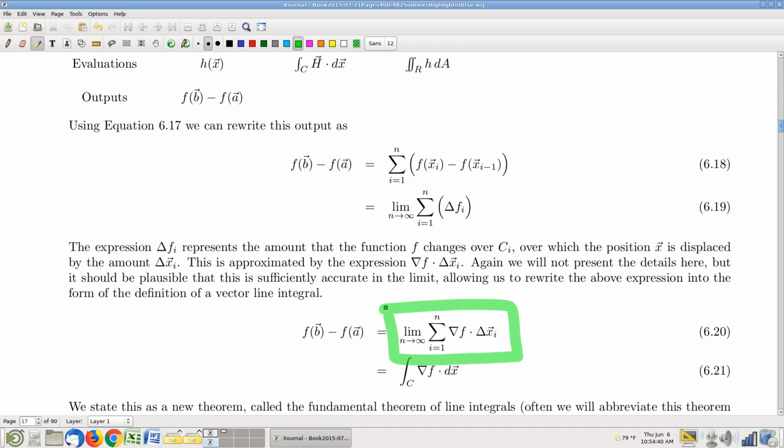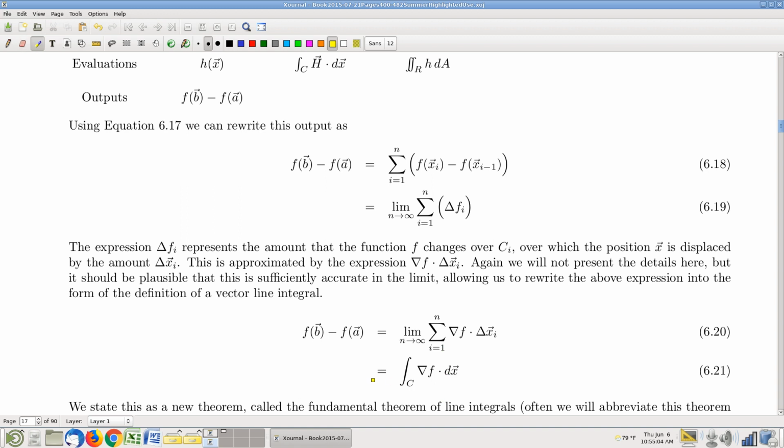That is exactly the structure of a vector line integral. Specifically, this is a vector line integral of the gradient of f. Everybody on board? Sweet.